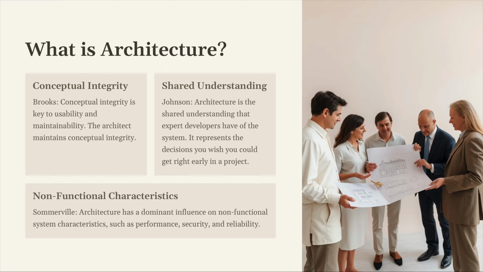Ralph Johnson describes architecture as the shared understanding that expert developers have of a system. It's the big picture everyone works towards. Ian Sommerville highlights that architecture strongly influences non-functional characteristics like performance, security, and reliability. In short, architecture sets the foundation for how a system works and feels.